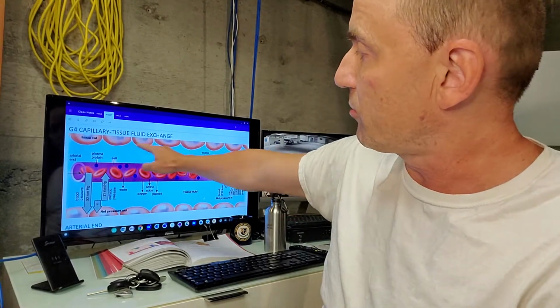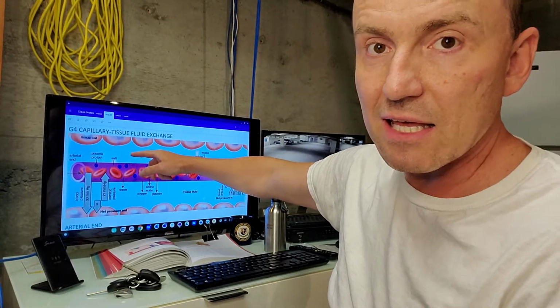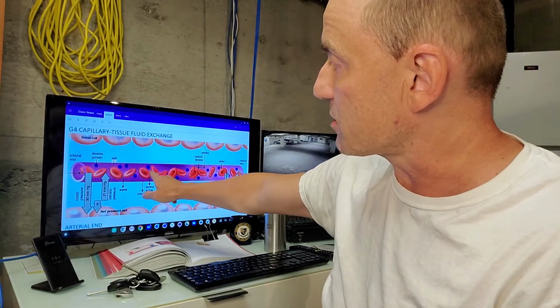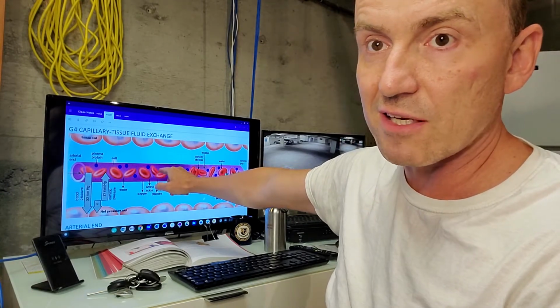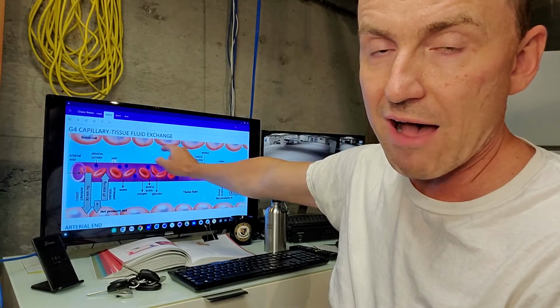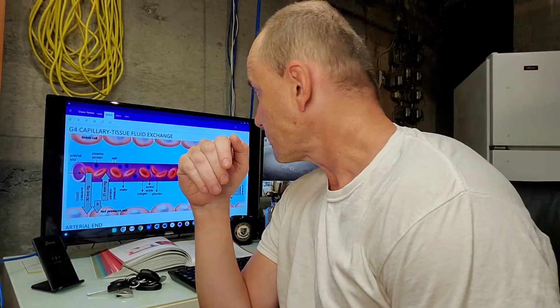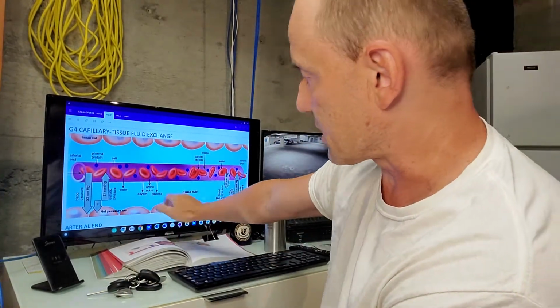So this tissue fluid will never have oxygen in it, and if there's any oxygen left over in here, it will always want to go out into the tissue fluid, and the cells gobble it up, as well as glucose and amino acids. All of those things, they'll just gobble up.